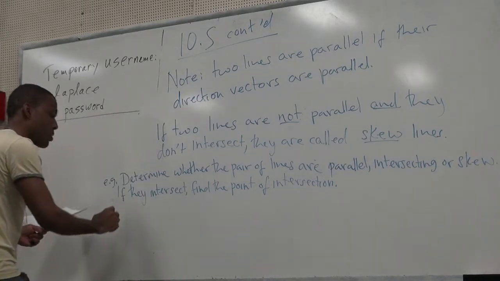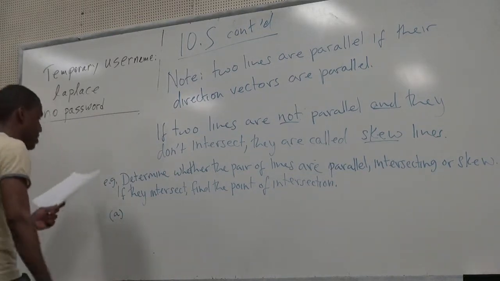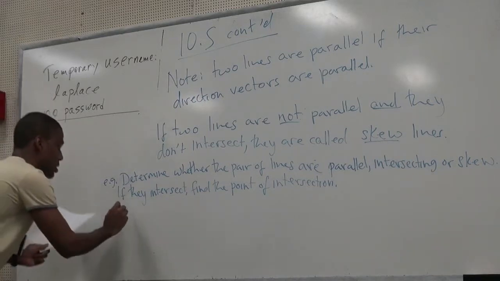Three examples that we're going to work through, and then we move on to planes. So A, these are the pairs of lines.